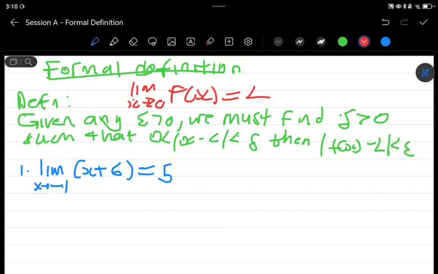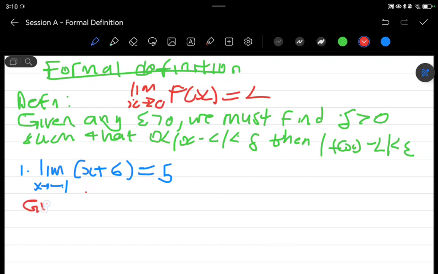First, you need to input this minus 1 to check whether the solution is going to be 5. If we plug in minus 1, we find that this is indeed 5. So we must prove that this limit exists. The aim of the formal definition is to prove that a limit exists.